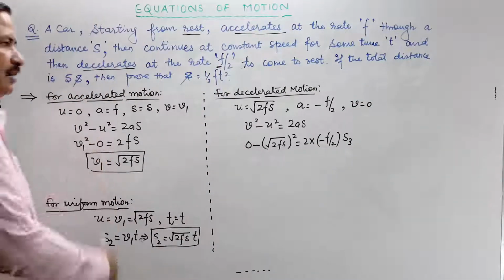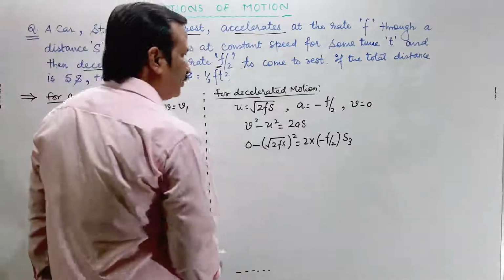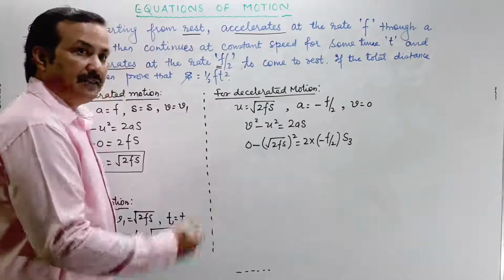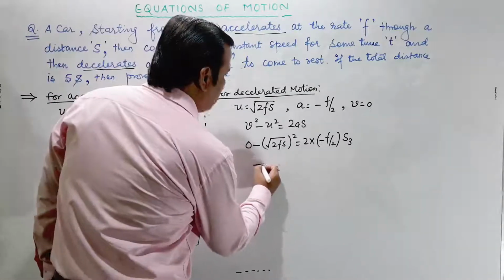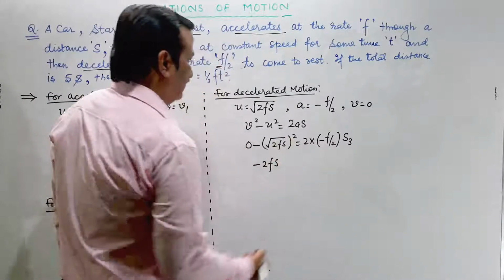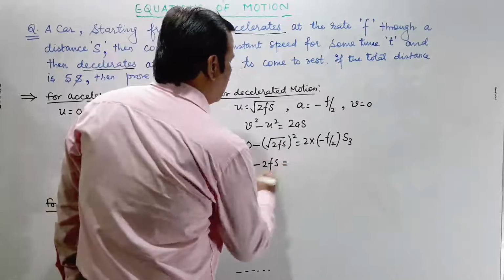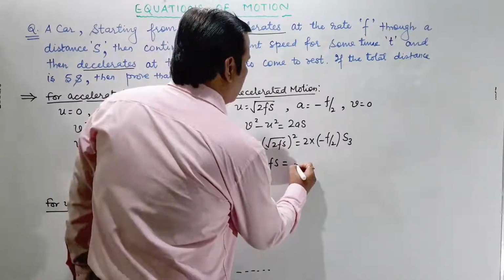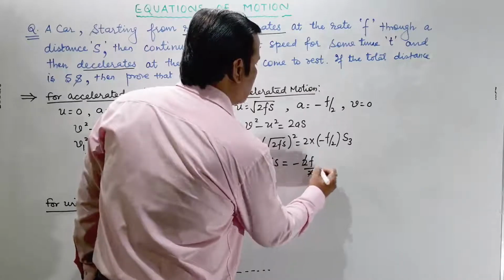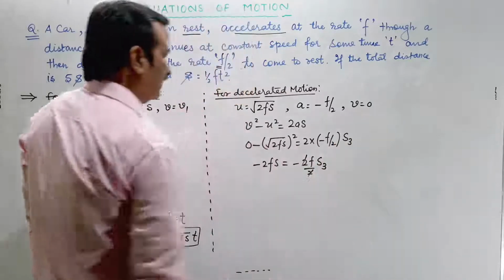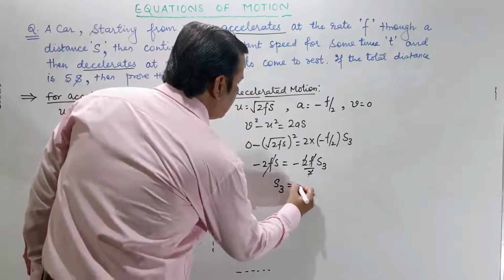This is nothing but minus 2fs equal to minus 2f by 2 into s3. So this 2 will cancel. S3 equal to 2s.